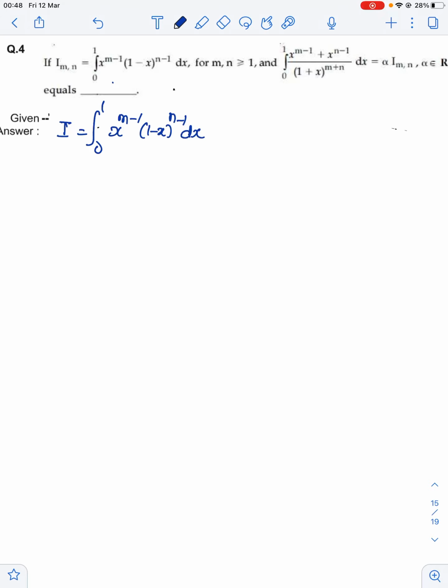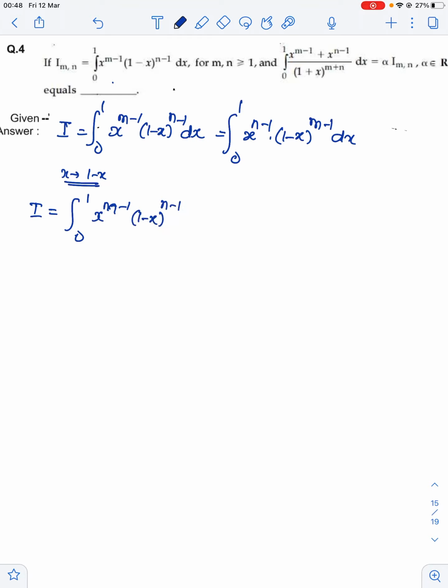Because the limit is 0 to 1, we can use x as 1 minus x also by the property. So from 0 to 1, this becomes x to the power n minus 1 into 1 minus x to the power m minus 1 dx. Both are symmetrical basically. So let us take any one of them. Let us take the first one, 0 to 1, x to the power m minus 1, 1 minus x to the power n minus 1.